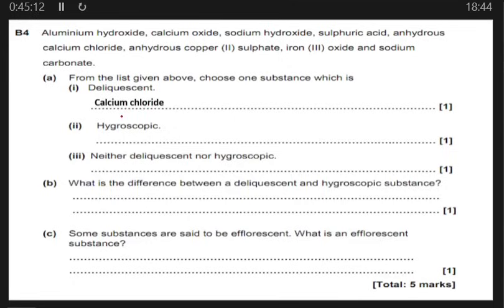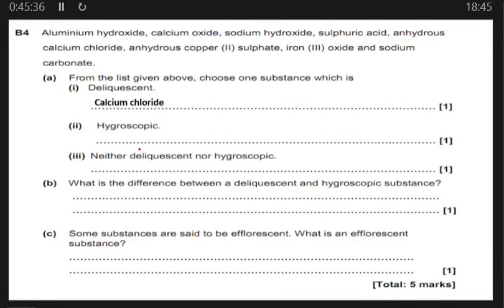So this is actually calcium chloride. Then hygroscopic substance in these they have given us here, a hygroscopic substance is a substance which also absorbs water from the surrounding, but it does not actually lose its state.